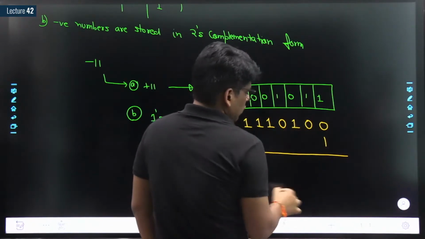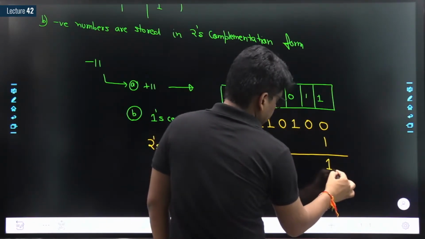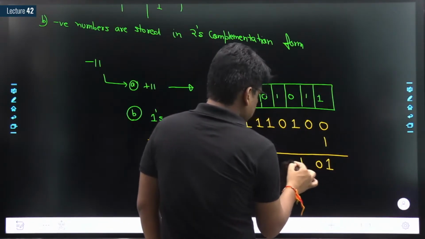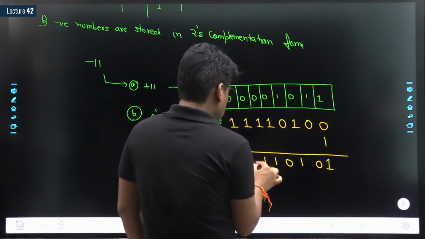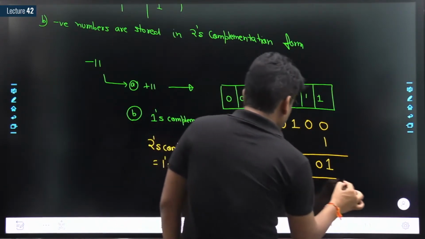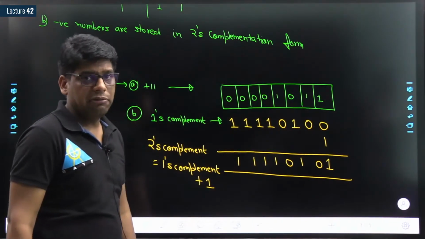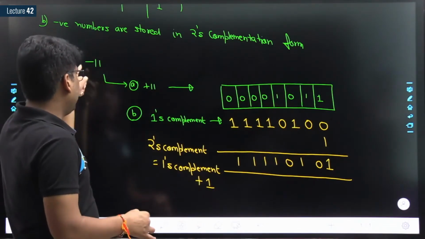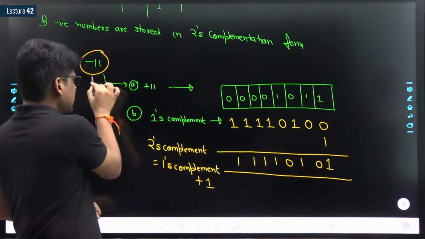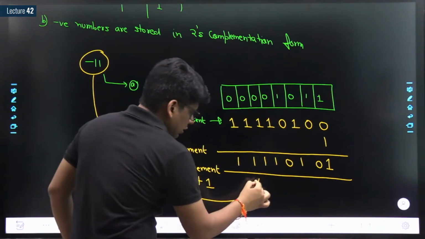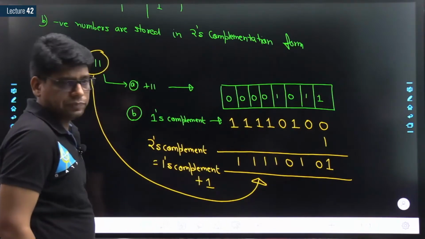Sir, 0 plus 1 is 1. Then everything is the same, that means 1, 1, 1, 1, 0, 1, 0, 1. So this is the 2's complement for 11. That means minus 11 is stored like this in the computer.